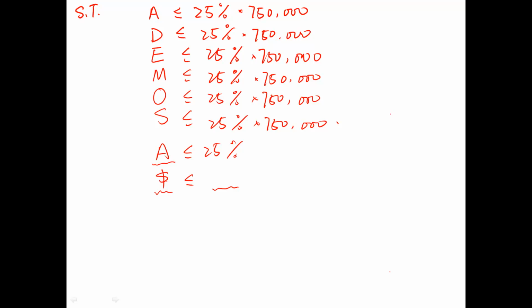On the left hand side it's an amount of dollars, and on this side it's just a percentage. Only when we multiply by $750,000 will the unit on both sides be the same. So they will both be amounts of money. So especially when the problem involves percentages, you want to make sure that the units on both sides of your inequality are the same.